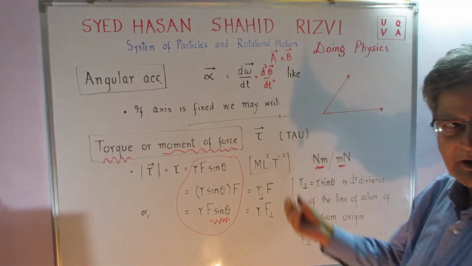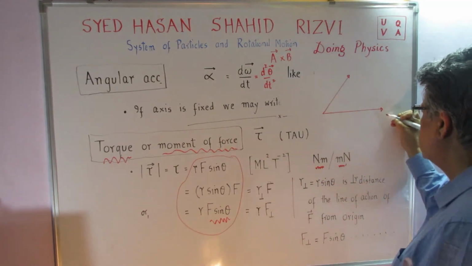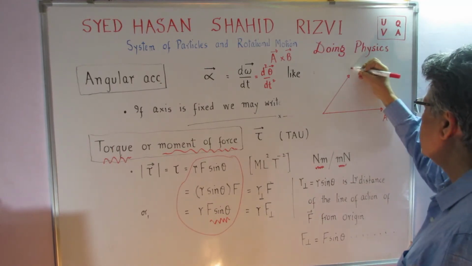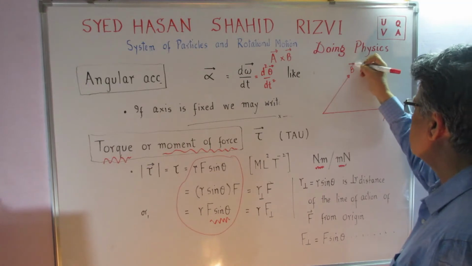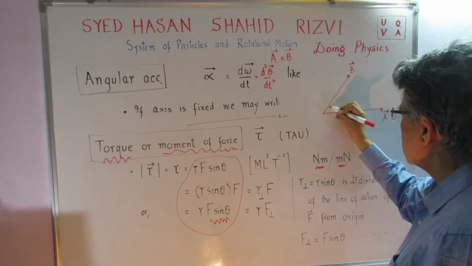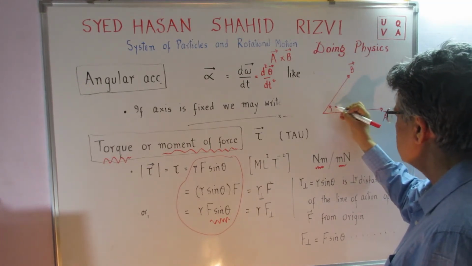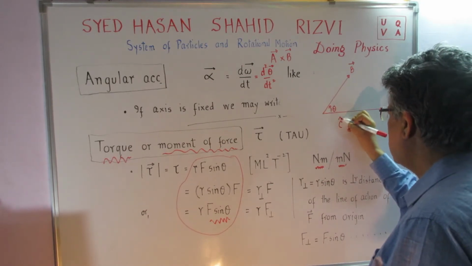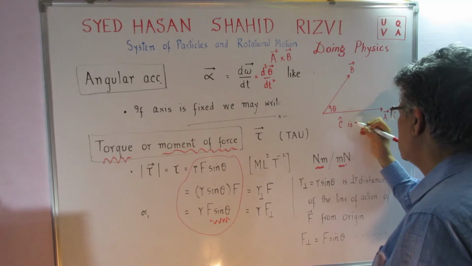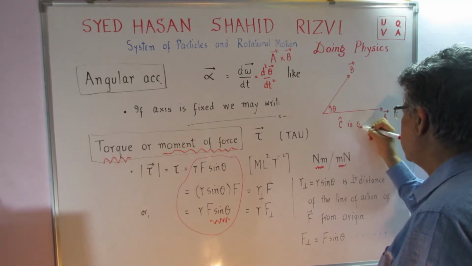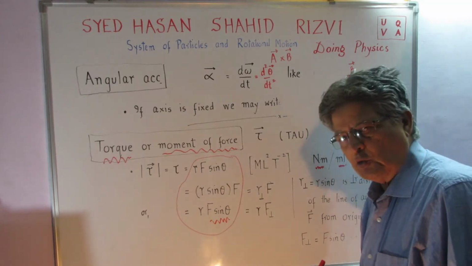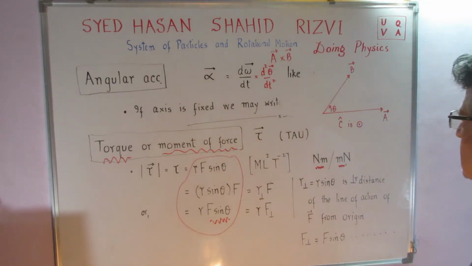If this is A and this is B, the direction of the resultant vector in the cross product is, if this is theta, then the C cap is out of the board. Need not emphasize time and again, but there is no problem if I do. Okay, and you remember that.